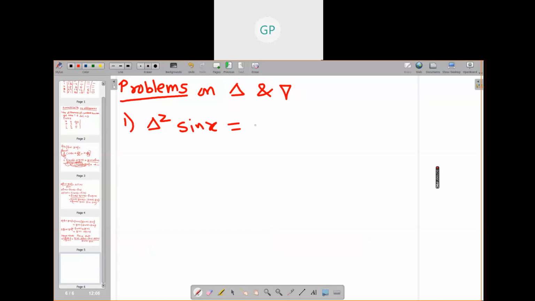First of all, you have to write what delta square is. Delta square is delta applied on delta, right? So what is delta sin x? Can anyone tell me what delta sin x is?